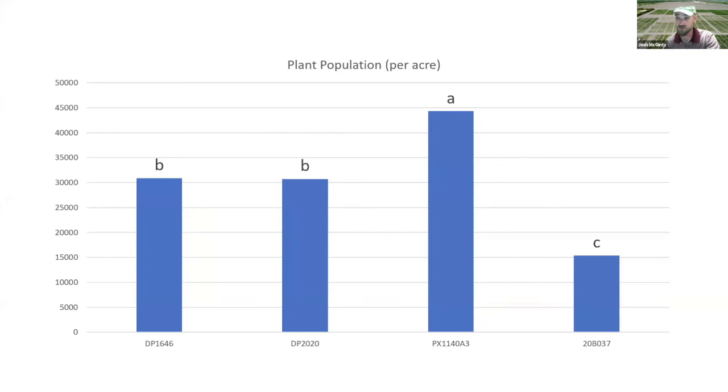The 2 Delta Pines, though, were very similar. That single replication data I showed you initially wouldn't have led you to believe this, but as we analyze the data, we can see that those 2 perform very similarly in their emergence. And then the 20B037 had the lowest emergence. But we have a lot of confidence when we represent data like this because we have enough replication behind it to give us that confidence.